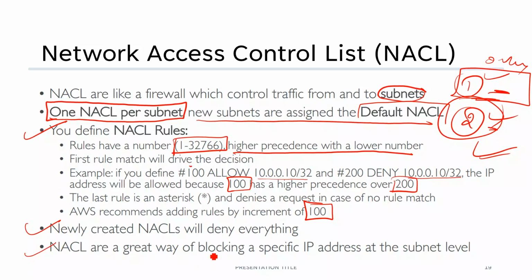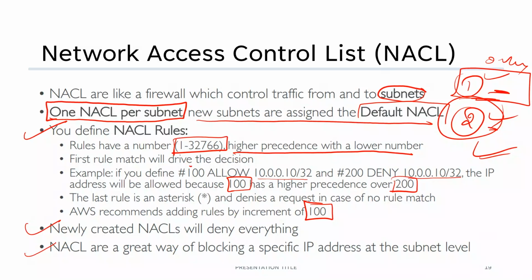NACLs are a great way of blocking a specific IP address at the subnet level. Why do we need to use NACL to block an IP address? Why can't I use security groups? Because IP addresses should be blocked at the subnet level, not at the EC2 instance level, because there can be thousands of EC2 instances in your particular subnet, for example. So will you go to the security group of each and every EC2 instance and deny it? No, right?